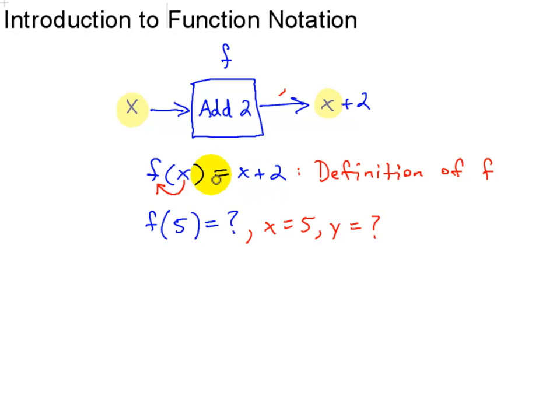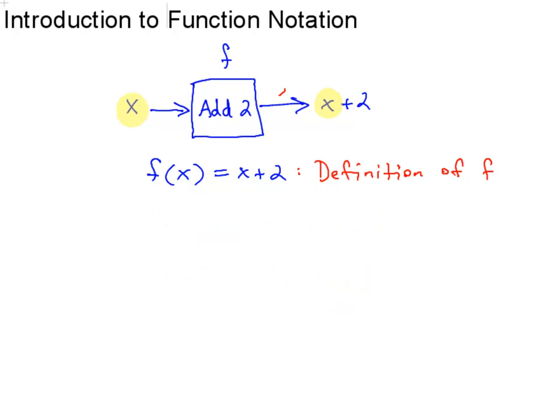Here's our definition that we always go back to. f takes x and sends it to x plus 2. So f takes 5 and replaces this with a 5 and replaces this with a 5. Okay? So f of 5 equals not x plus 2, but now x is 5, so 5 plus 2, which of course is 7. Okay? So in this example, the y value is 7 when x is 5. Okay, good.